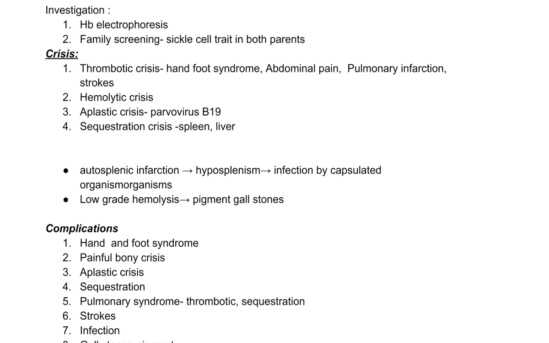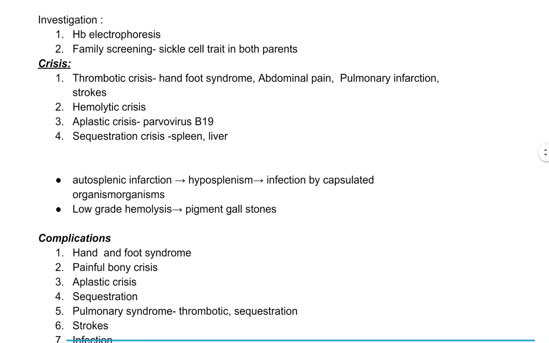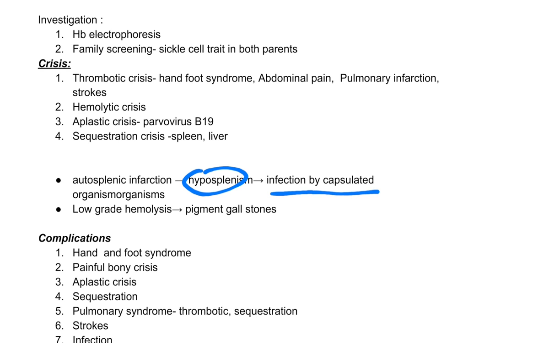infarction or sequestration inside the spleen leads to a hyposplenic condition, and that hyposplenic condition is responsible for infection by capsulated organisms like meningococcal bacteria.